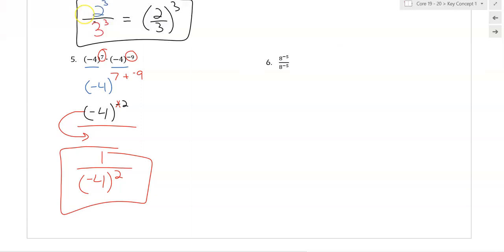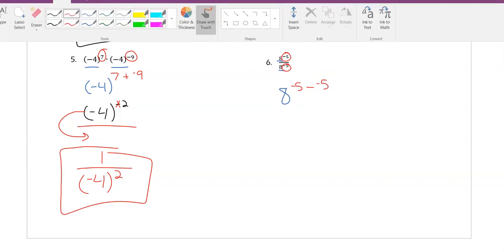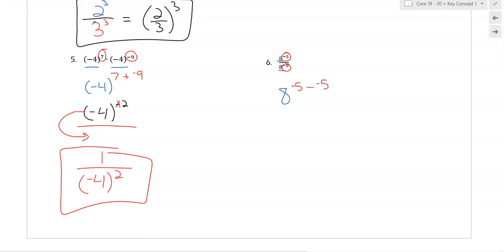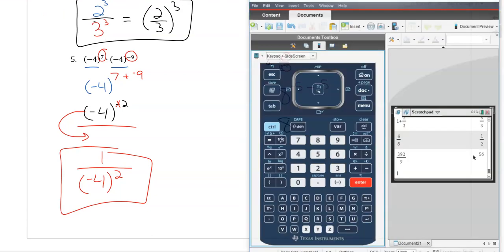Here, same thing. We're going to go with what we did in activity 1A.3. These have the same base. When we divide, we subtract. Be very careful when you subtract a negative.